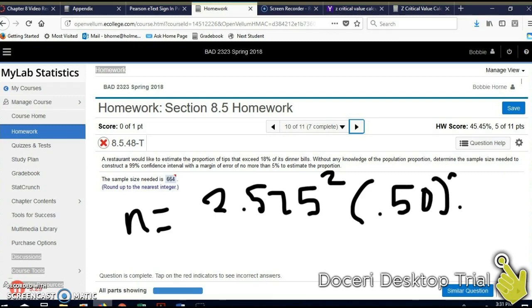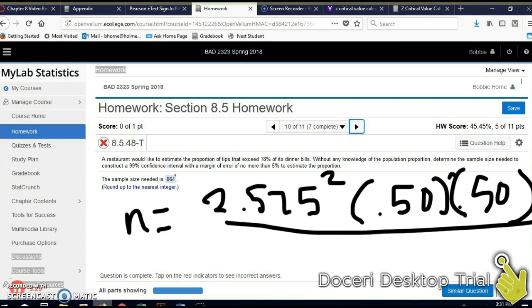So 0.50 times 0.50. You can read about that in the example. And then the margin of error is 0.05 squared. The key here is without any knowledge of their population proportion, so we're going to assume 50-50. Once you do all of that, you will get a number and round up to 664.